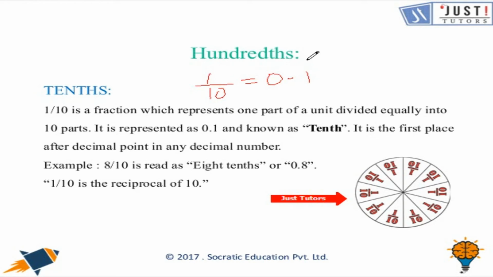That is known as tenths. It is the first place after the decimal point in any decimal number. You can have a look at the example written below. It says 8 tenths is read as 8 tenths or 0.8.